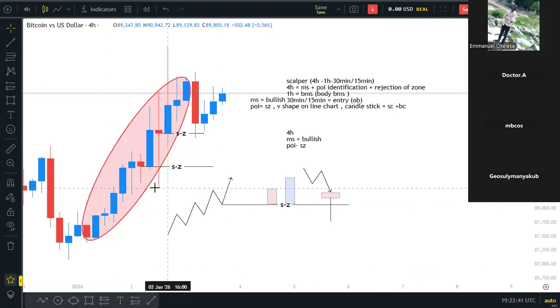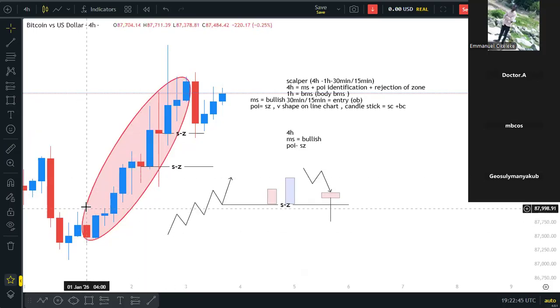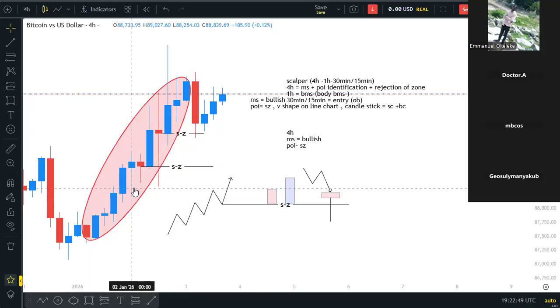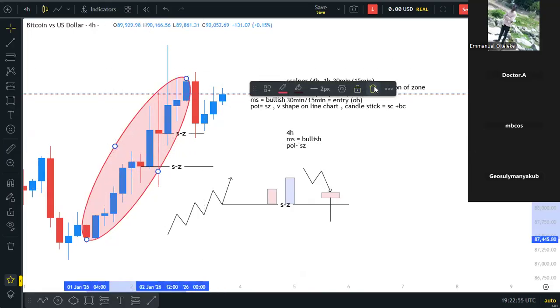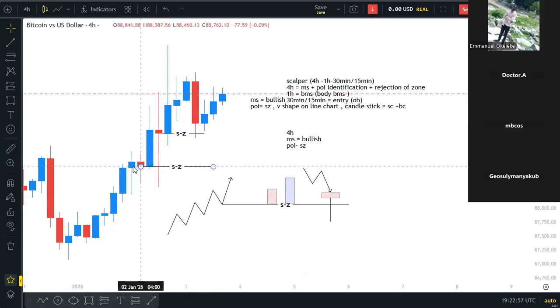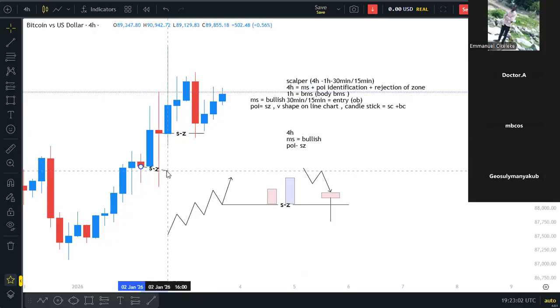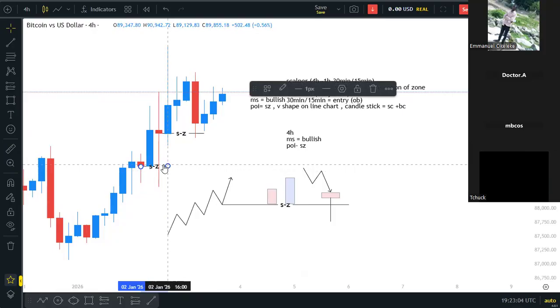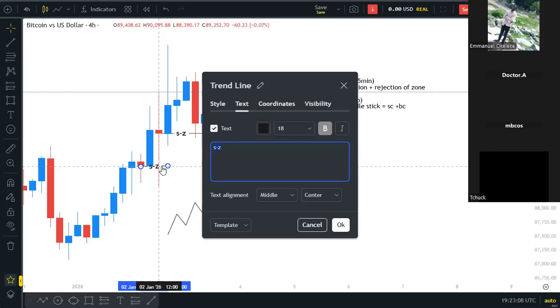So if you look at this place, we call it a support zone. If you look at this region here, you can see that this bearish candle closed above it.